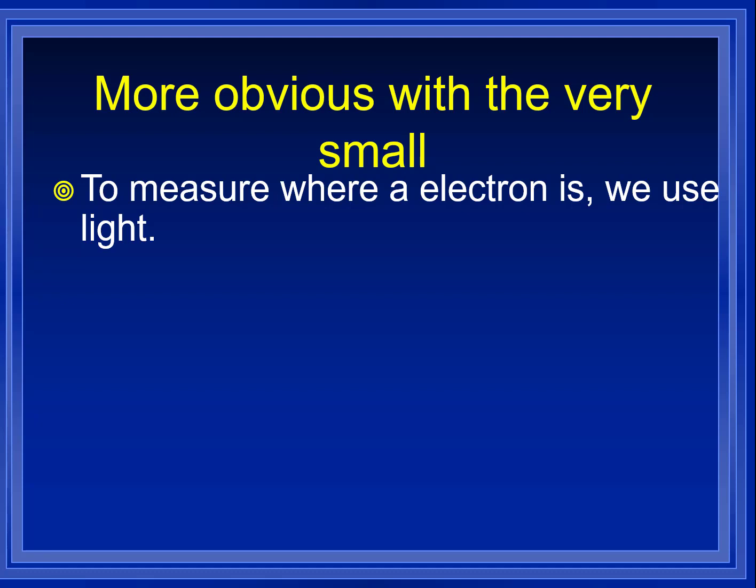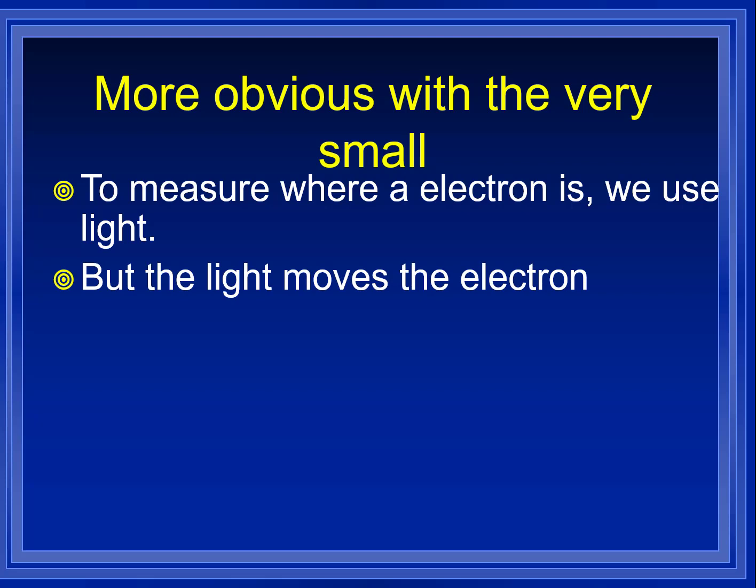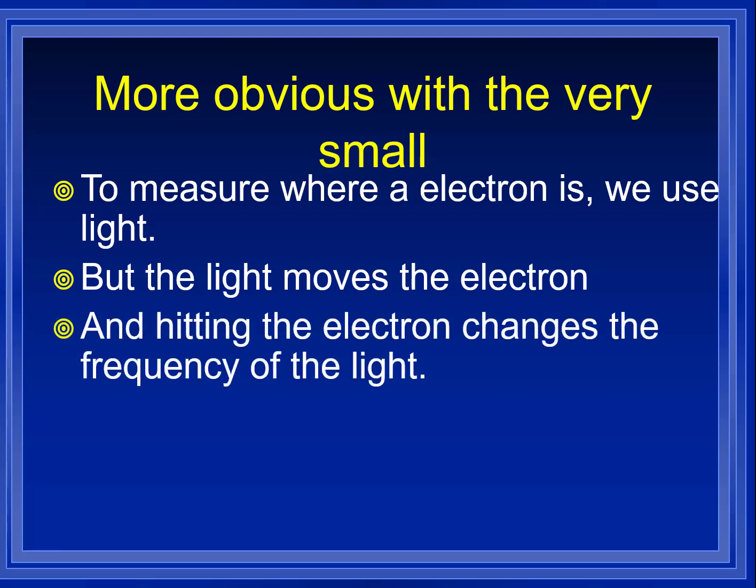But what happens when light hits an electron? Sometimes they come off, sometimes they change energy levels. But the light moves the electron. And hitting the electron changes the frequency of the light.